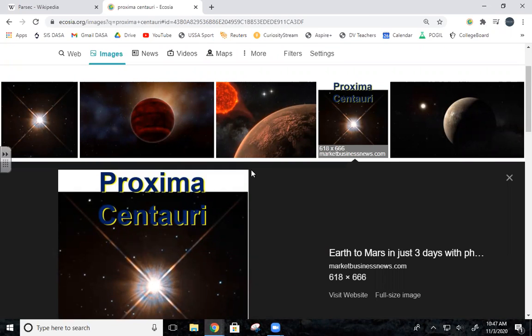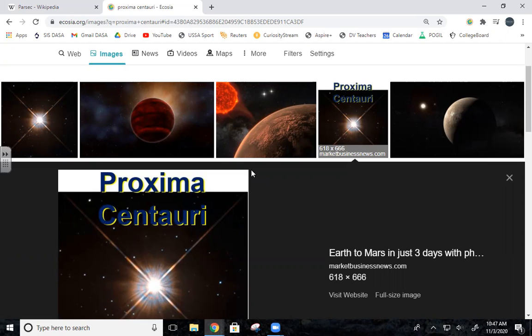And the question that's on everyone's minds and has been asked multiple times, can we get there? And the answer is yes, kinda. Yes. There is a serious program right now that's being worked on called Breakthrough Starshot.